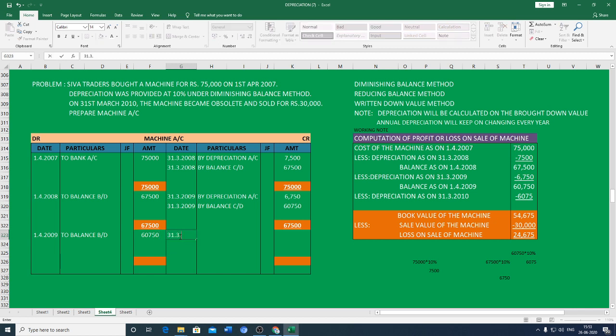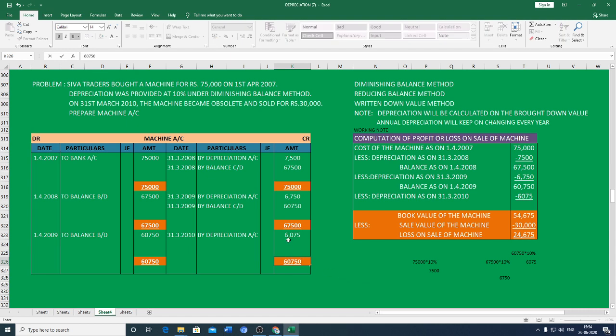So now 31st March 2010 is the ending of the financial year, 9 to 10. So again calculate depreciation. So depreciation account is equal to how much? Look at the working, 6,075. Writing the highest amount which is shown on the debit side as it is both the sides, 60,750.